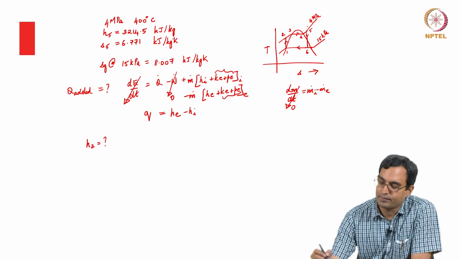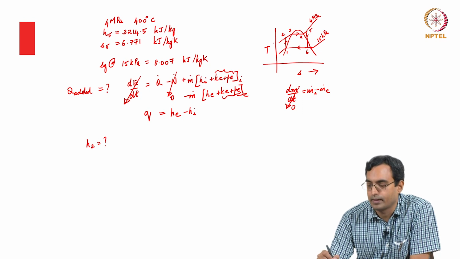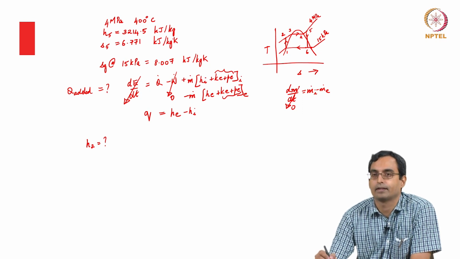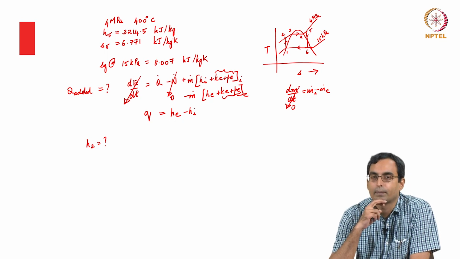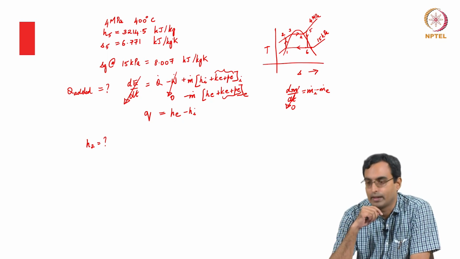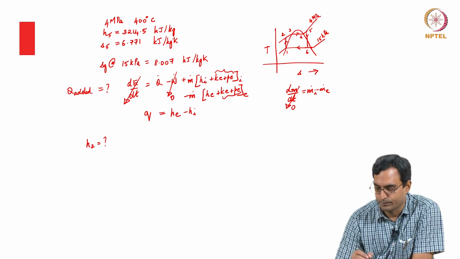So, geometrically, if I draw a vertical line through 1, wherever it intersects this line, that is essentially where my point 2 lies. If I can do it geometrically, I should also be able to find out the values. So, the concept here is that at 1 and 2 entropy is the same.